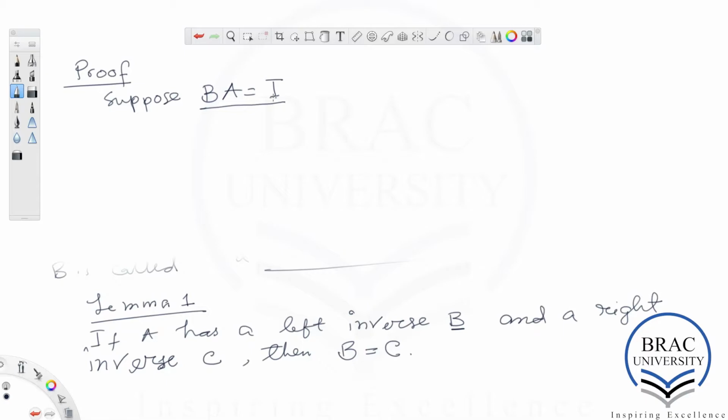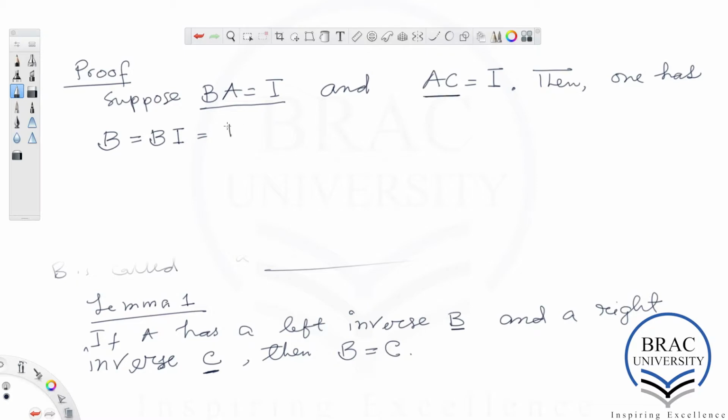And also C is the right inverse of A, so that AC is equal to I is satisfied. Then one has B is equal to B times the identity matrix, and we now replace I with AC.